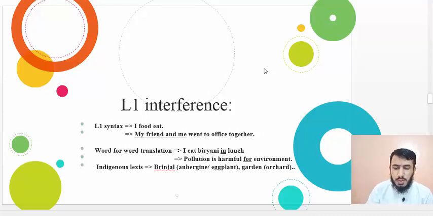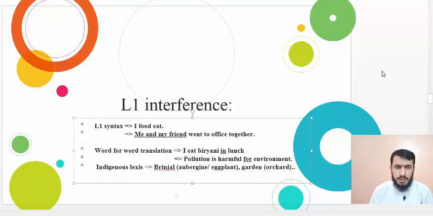In the government schooling system, the English is in a pathetic condition. Even the teachers cannot speak English properly. So as I said, there are a couple of problems in Indian English, and this is the reason why Indian English is different from native speakers' English.